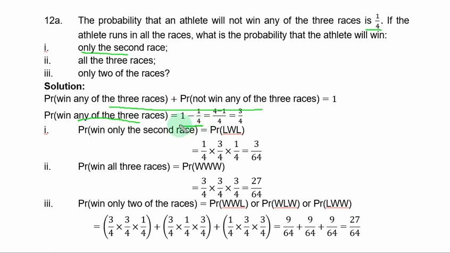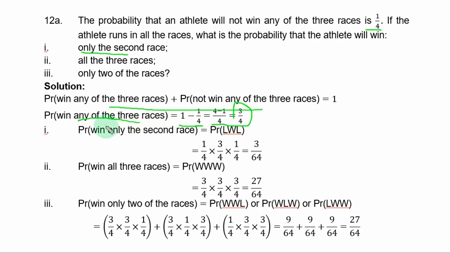If you collect like terms, that simplifies to 4 minus 1 over 4, and that is 3/4. So now we know the probability of winning as 3/4 and not winning as 1/4.